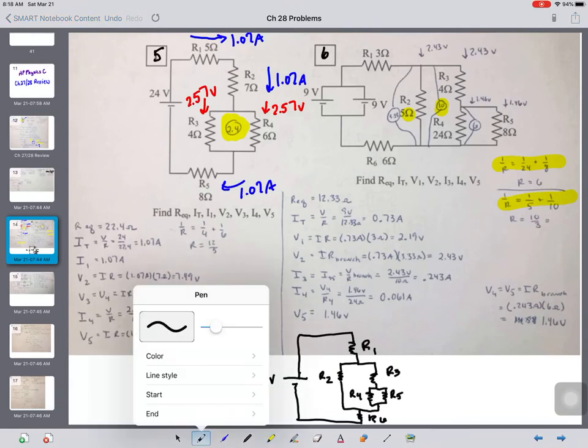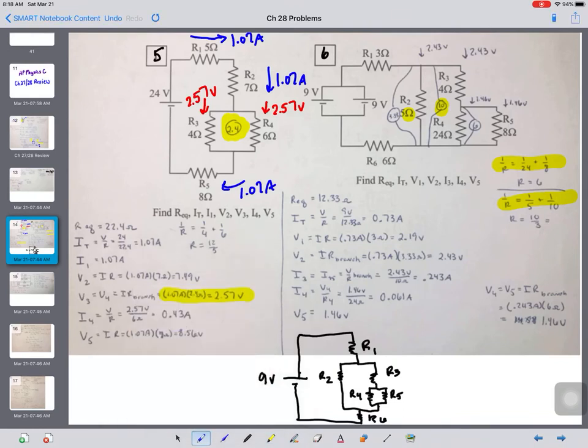So then immediately fill in anything you can. That current is going to pass in its entirety through R1 and through R6. And so we can use V equals IR to calculate those voltages if we need those.